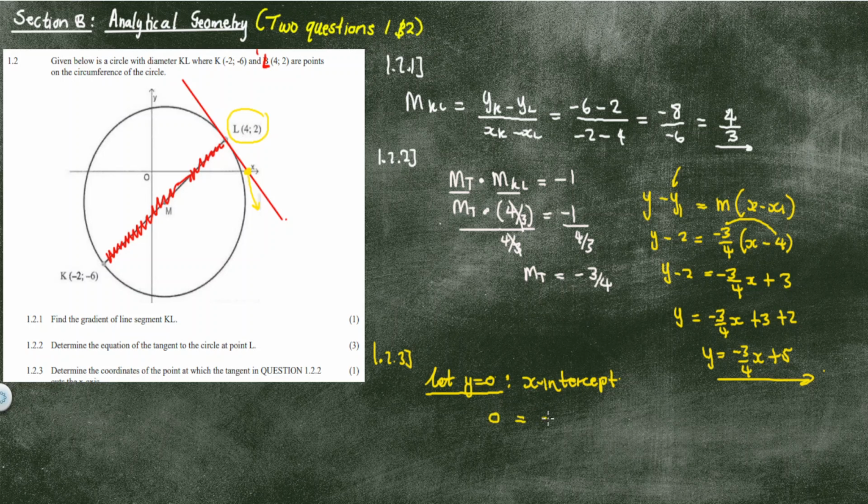So 0 is equal to minus 3 over 4 x plus 5. Then we transpose: 3 over 4 x equals 5. Then we divide by 3 over 4, they cancel, and you find that x is equal to 5 divided by 3 over 4, which is 20 over 3. Therefore, your x-intercept is (20 over 3; 0). These are your coordinates. 1.2, done and dusted.